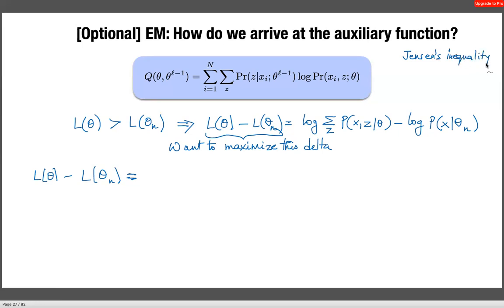In simple terms, what it says is that the log of a weighted sum of x_i's is greater than or equal to the summation over i of lambda_i log x_i, where the lambda_i's have to be greater than or equal to 0, and the sum over all i of lambda_i has to be equal to 1. This is Jensen's inequality.